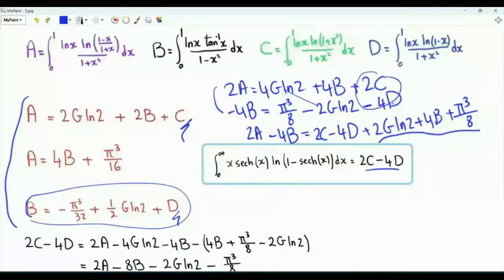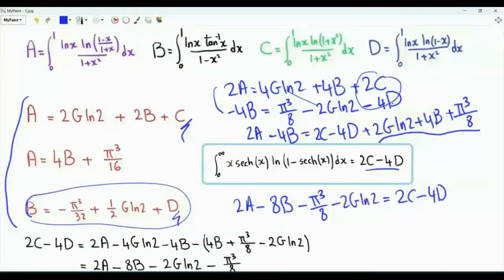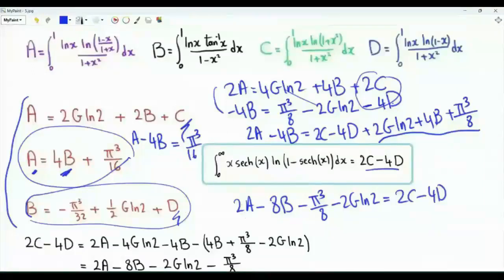Let's move these three terms to the left-hand side. We have 2c minus 4d equal to 2a minus 8b minus pi cubed over 8 minus 2g ln 2. Now it's time to employ the middle expression. It has a and 4b here. So this is a minus 4b equal to pi cubed over 16.